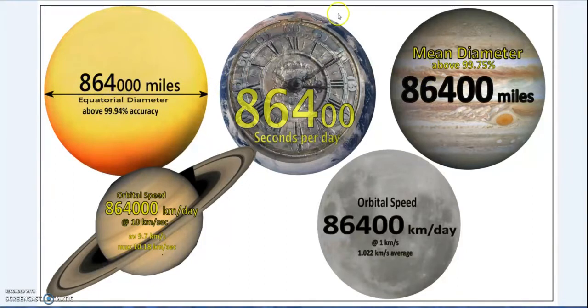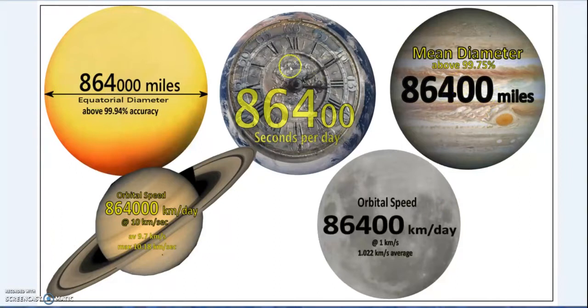And Jupiter, again, the mean diameter of Jupiter, again that should be over there as well, is 86,400 miles, 1/10 of the sun, but there are 86,400 seconds per day. 24 hours breaks down to 86,400 seconds per day, which brings us back to the 1 meter pendulum being 1 second and connects to the Egyptian cubit. We'll come to that in a moment.